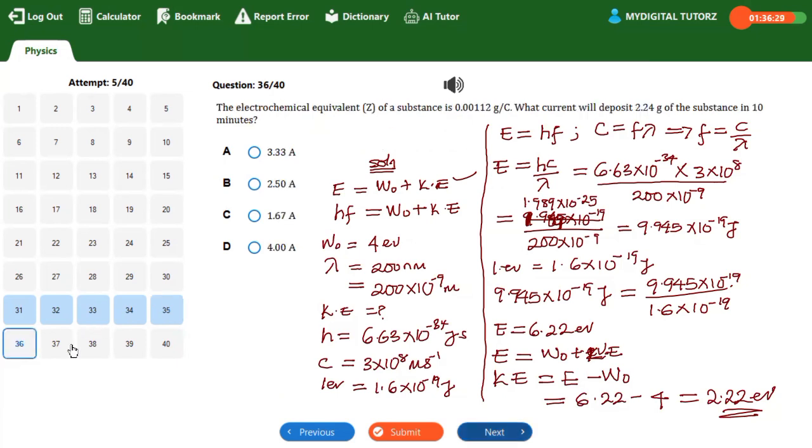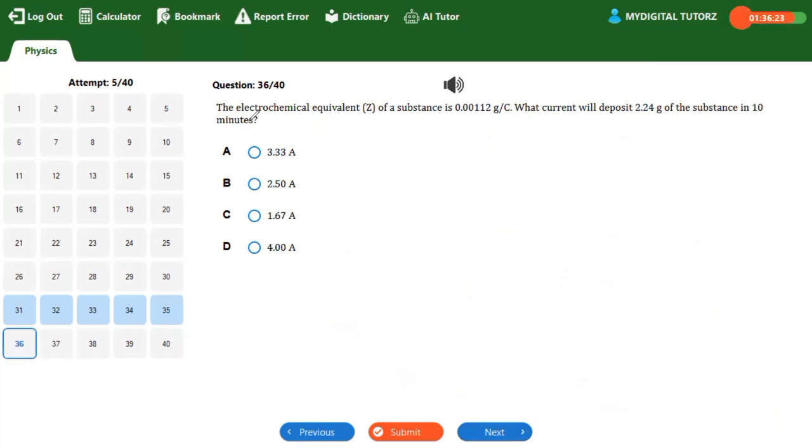Question 36 says an electrochemical equivalent Z of a substance is 0.00112 gram per coulomb. What current will deposit 2.24 gram of the substance in 10 minutes? So this is under Faraday's law of electrolysis, which says that the mass of substance deposited during electrolysis is directly proportional to the current or the electricity passing through the electrolyte.